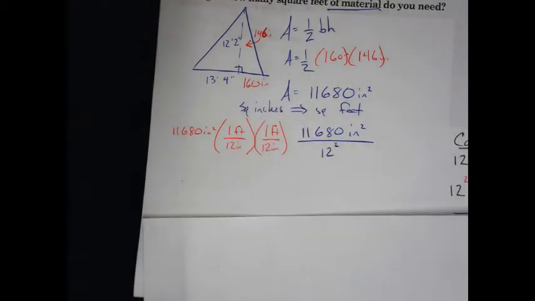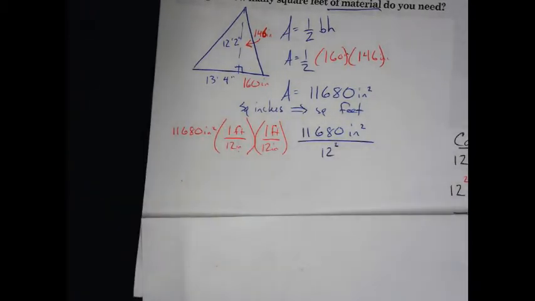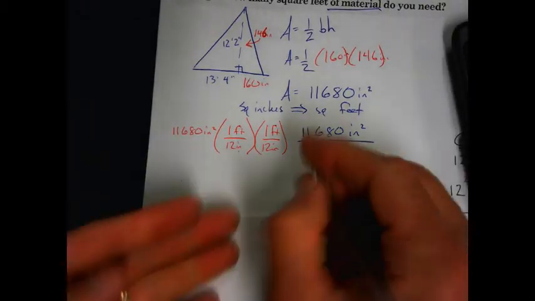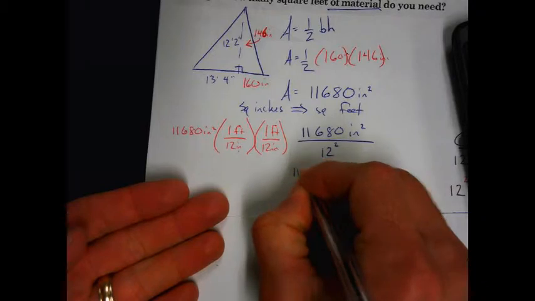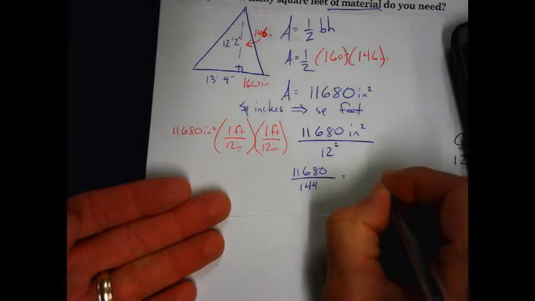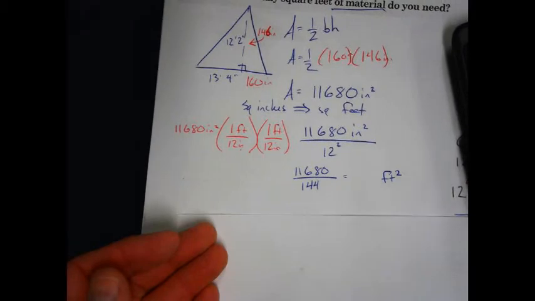So we can see the same thing happening in dimensional analysis. Our inches squared cancels, leaving us with feet squared. So the same dynamic is occurring. But either way, we will be calculating 11,680 divided by 144 will give us however many feet squared. Okay, that's either through dimensional analysis or knowing what you're doing.